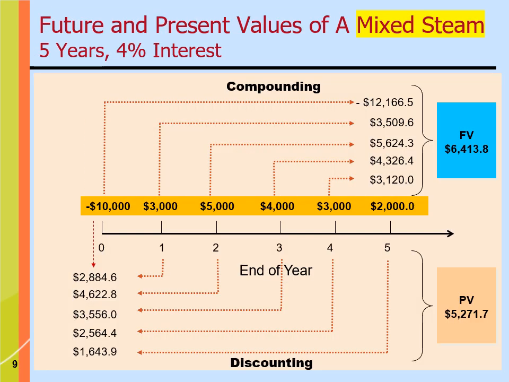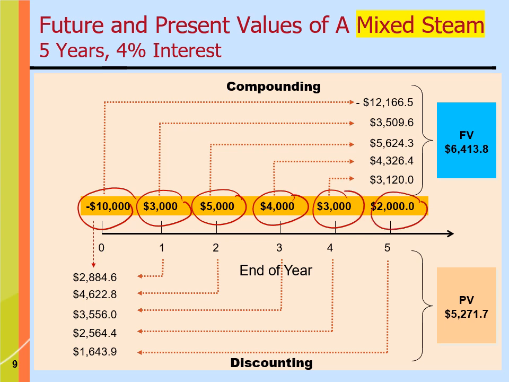Now let us look at the example of a mixed or uneven cash flow stream, meaning instead of having a similar cash flow in each period, with mixed cash flow you will have a different cash flow at every period, like what you see here in the slide. Or you can also see a combination of annuity and single cash flow in a mixed stream.